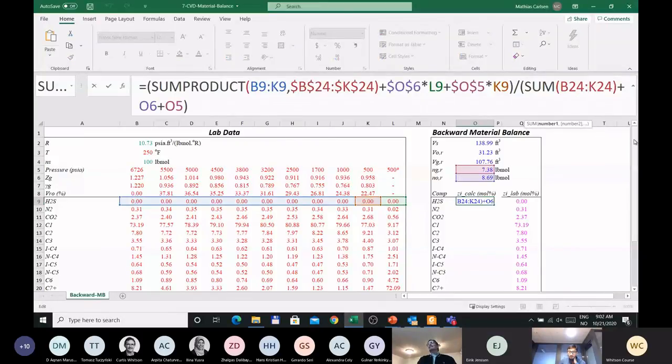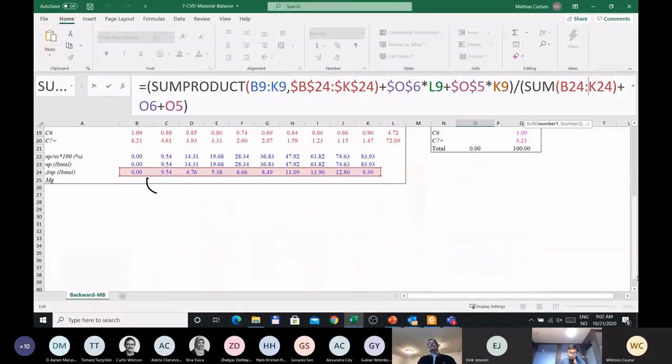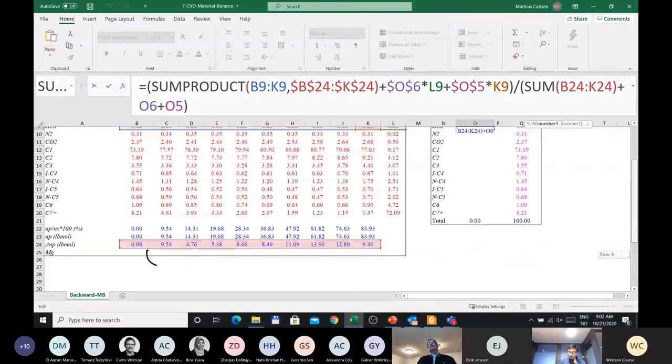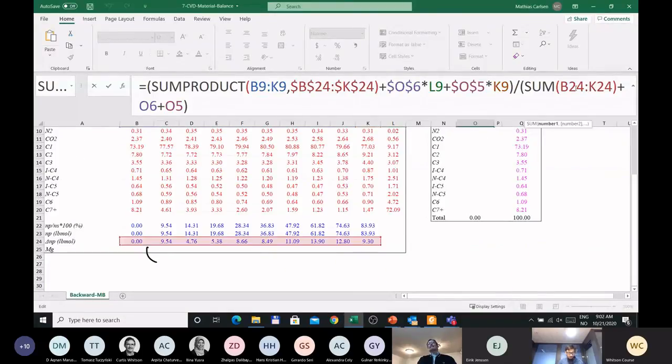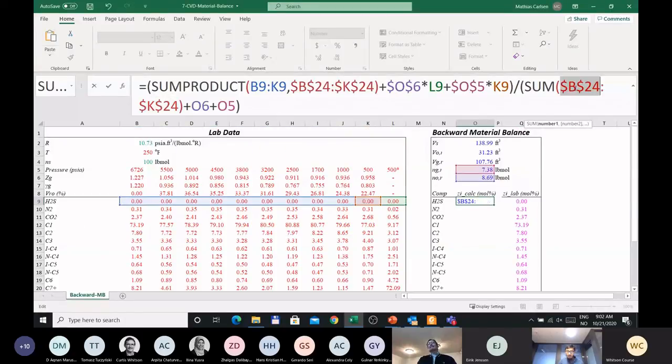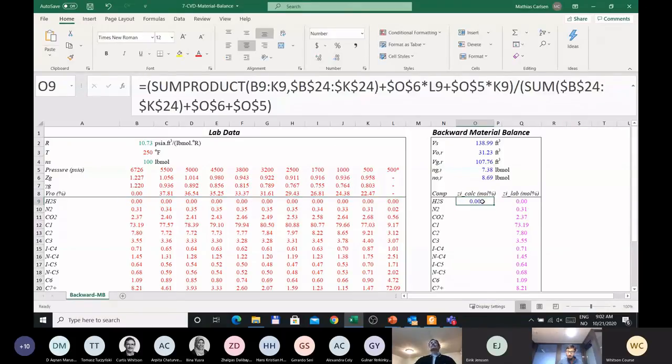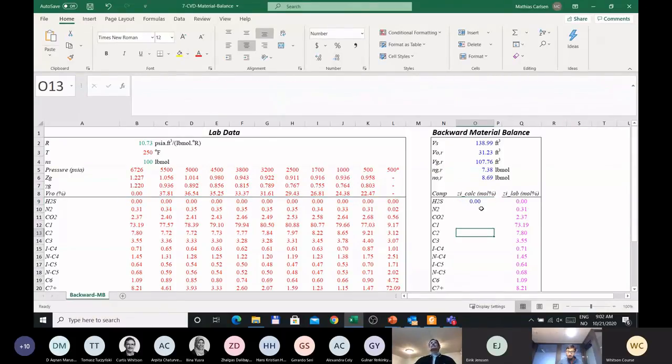Okay, so where is the B24 and K24? Yeah, so that's this. So that has to be fixed here, and then this has to be fixed. Let's see, fingers crossed.